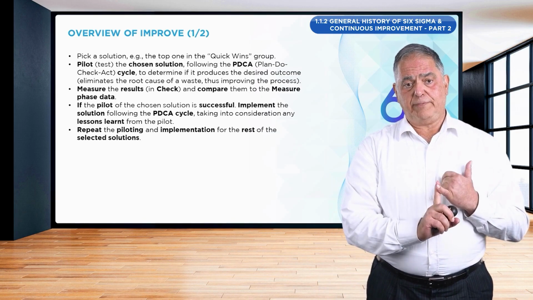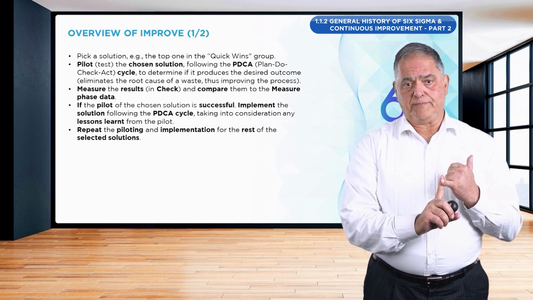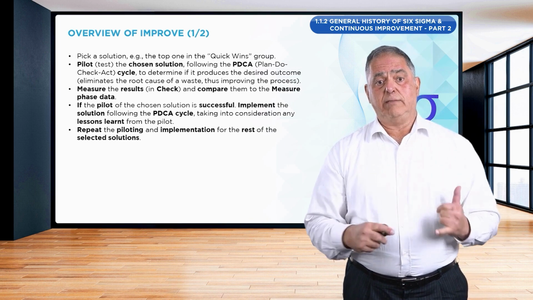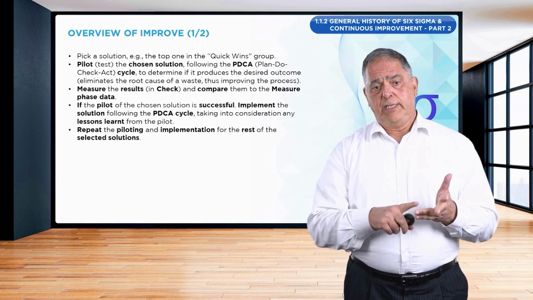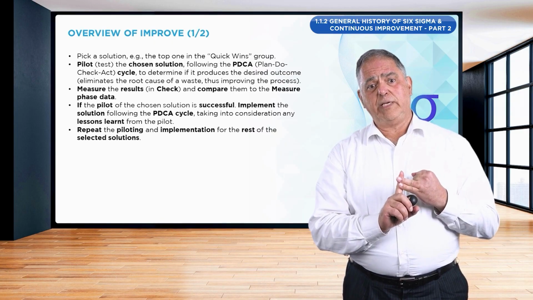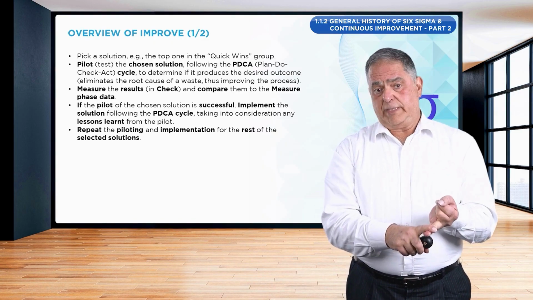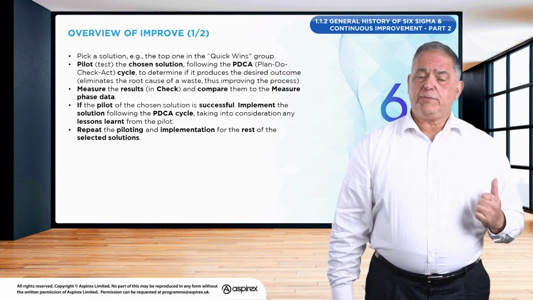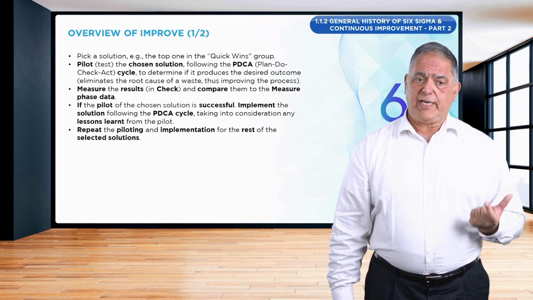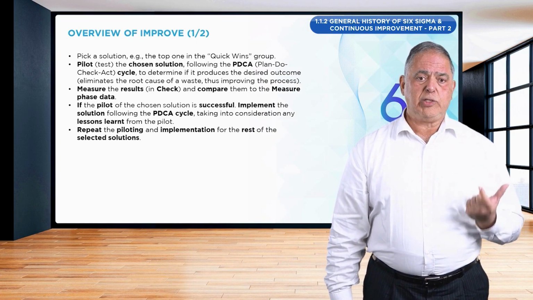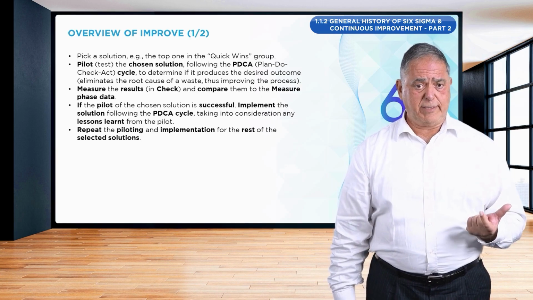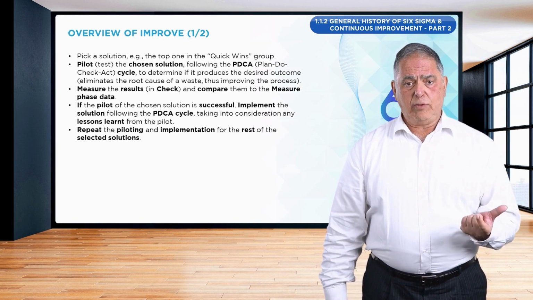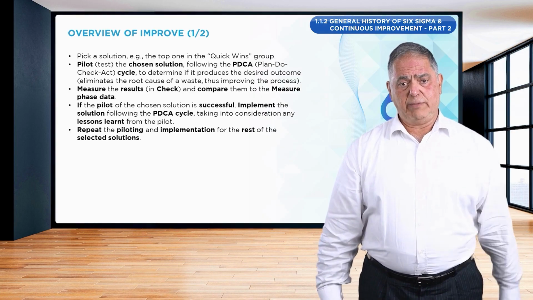The first step is to pilot the solution in order to determine that it actually improves the process. And the second step is to implement the solution. Typically we do this by following the PDCA cycle: plan, do, check, and act. We do this for the pilot and we do this for the implementation.